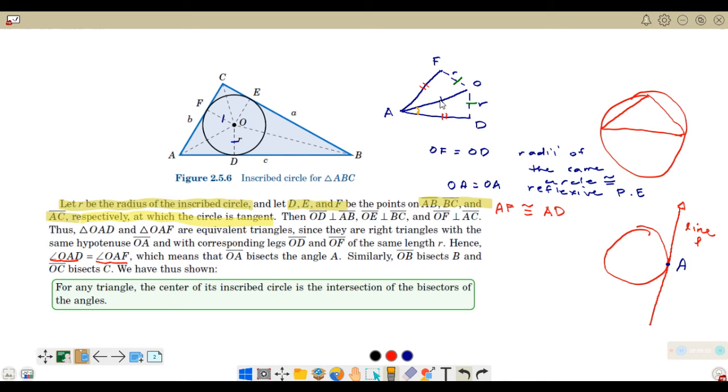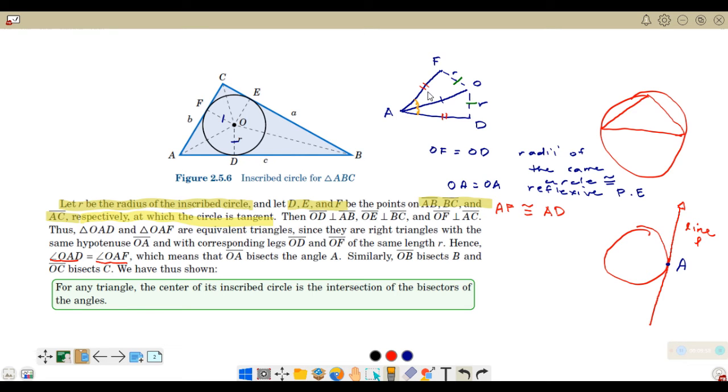We have this common side again, OA, and the other congruent side to AD, which is AF, and between those, we have angle OAF. So, the included angle on the two pairs of congruent sides will be OAF and OAD. Therefore, they are congruent. That means that OA bisects angle A.